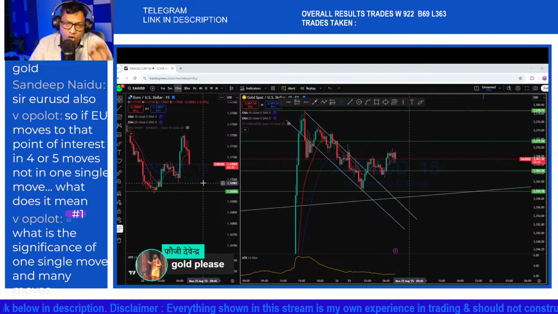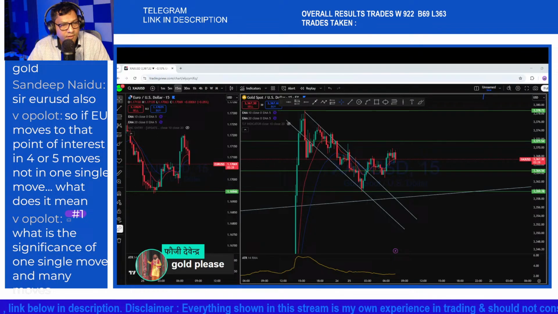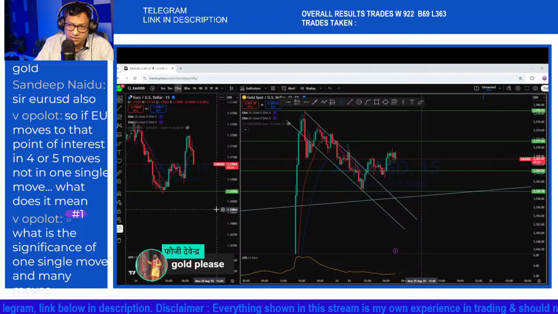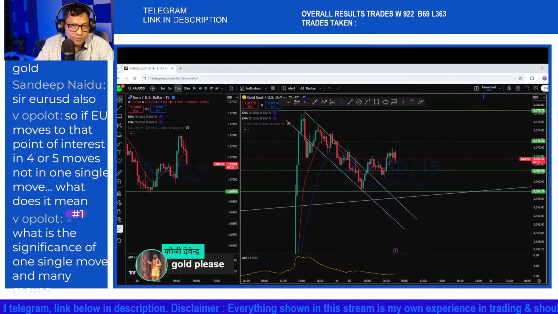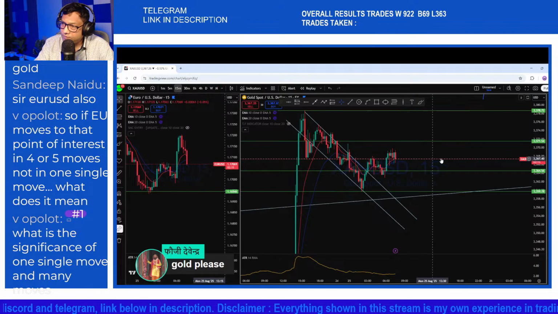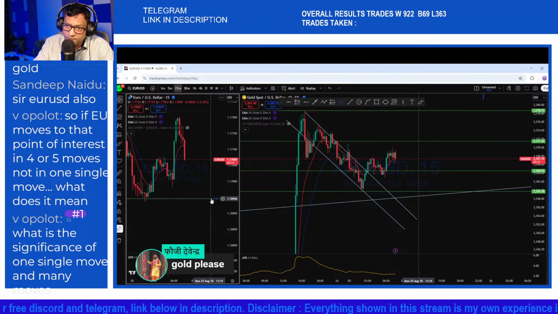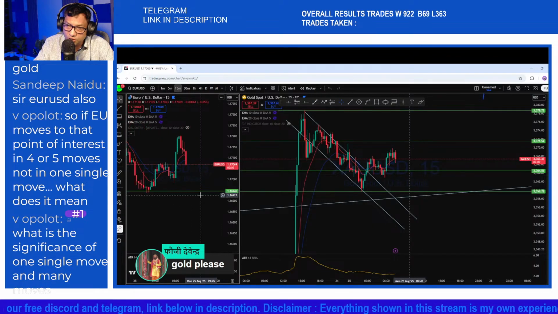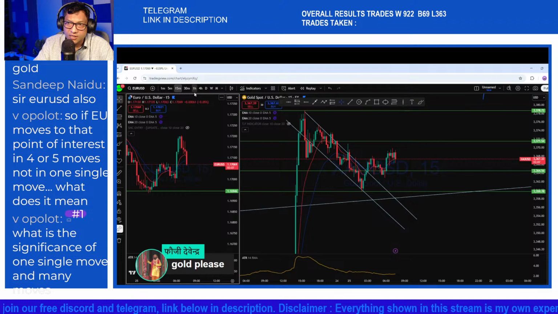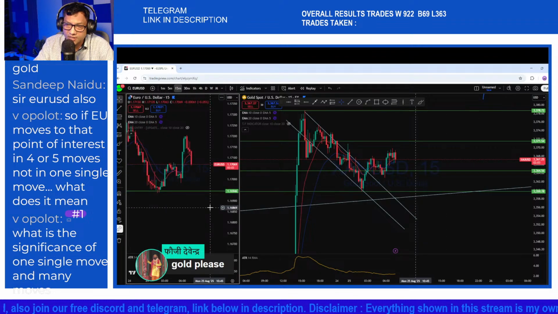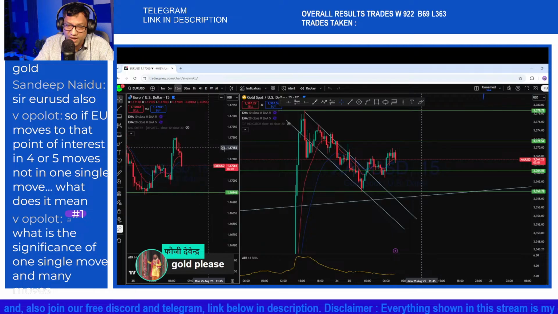We see that euro dollar starts to move back. And that's where the market is coming to that support level. And that euro dollar move that we can see is possibly to this support level, expecting to come back here to grab the liquidity and then to potentially return back to the upside here.